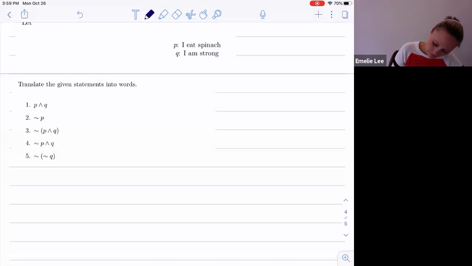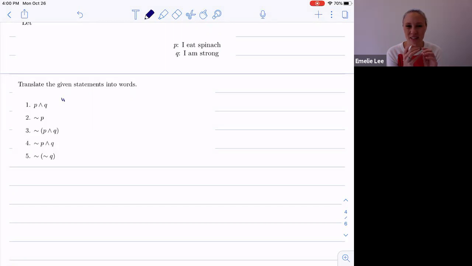So the first one, if P is I eat spinach, and Q is I am strong, right? That's our statement. And there will often be sentences that we don't like, but I would probably stick with weirder sounding sentences, because there's a risk that if you rewrite it, you change the truth value of the statement.